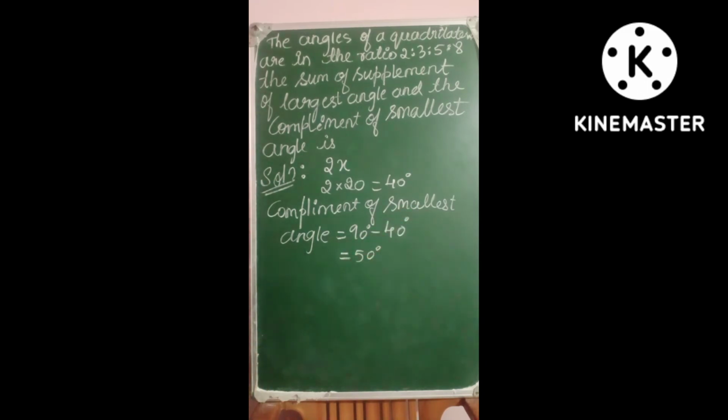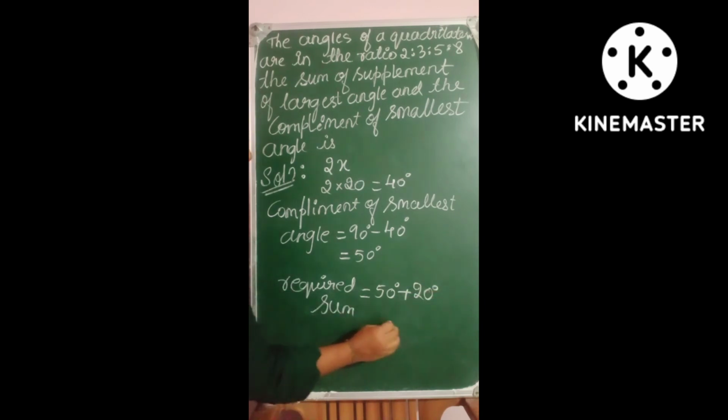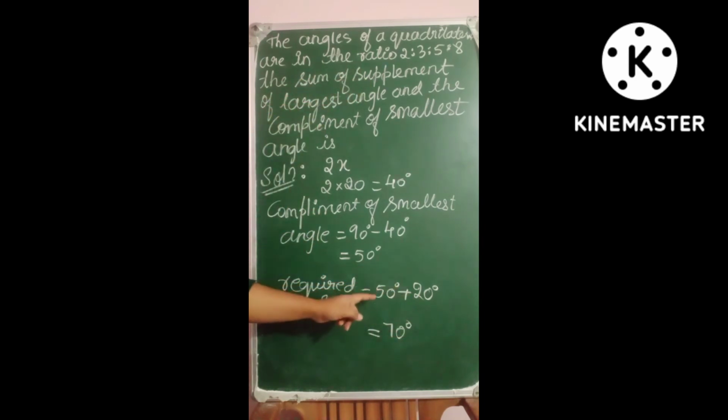Now we have to find the sum of the supplement of the largest angle and the complement of the smallest angle, we have to take the sum of the two. That is, the required sum is equal to 50 degrees plus 20 degrees, the complement angle and the supplement angle. It gives 70 degrees.